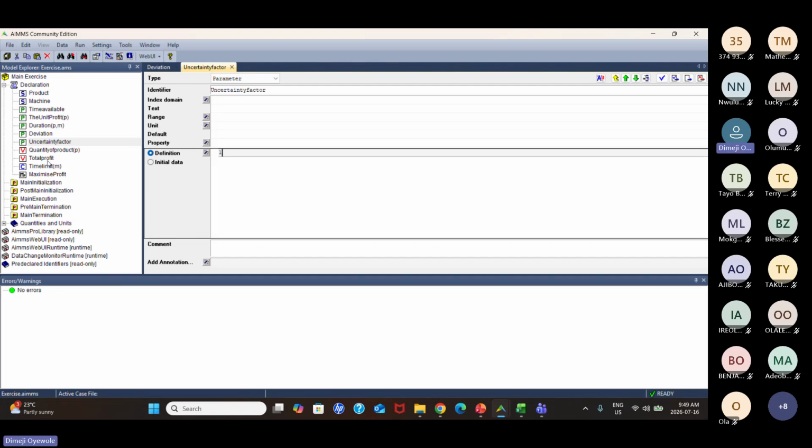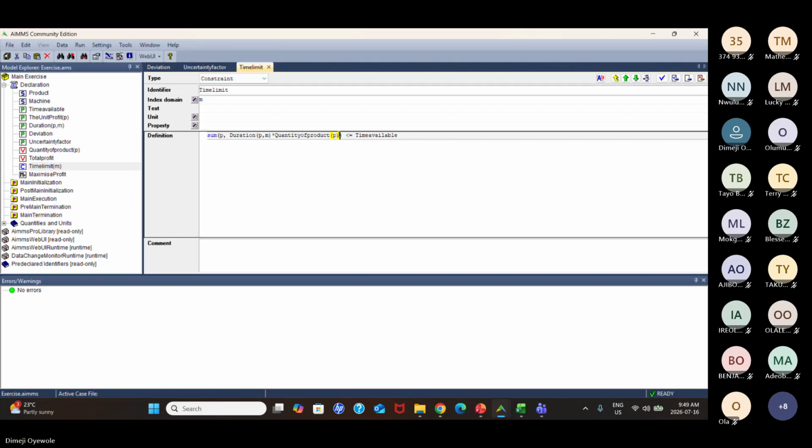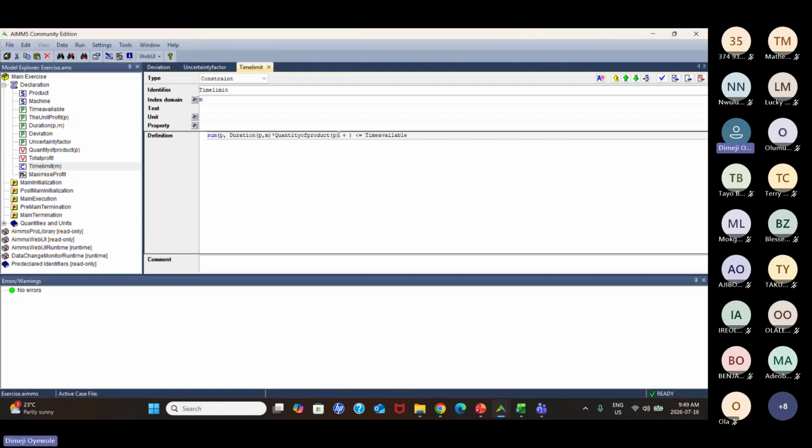And then we go to the constraints. We had that there. We had deviation multiplied by uncertainty factor.